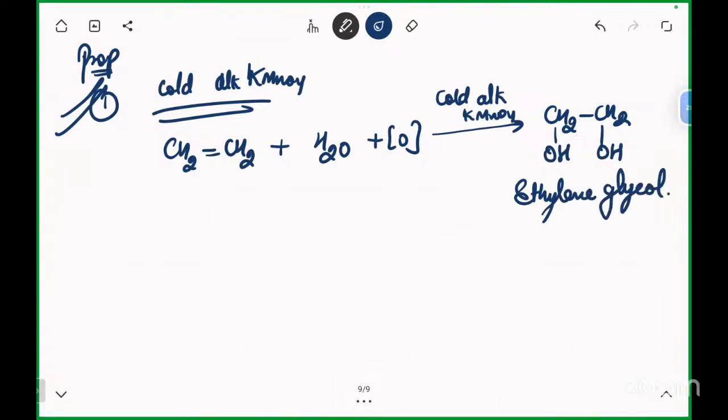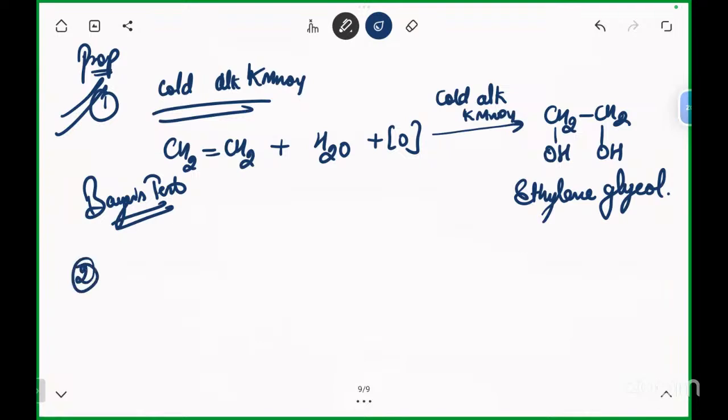This is quite important. This is called Bayer's test. Why? Because in this particular method, the color of the alkaline KMnO4 decolorizes. So this is also a test for unsaturation. If the question is asked, for the test of unsaturation what you can use, cold alkaline KMnO4.